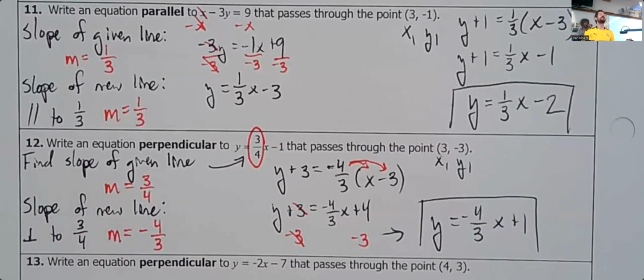No, you got to get y by itself. So Serenity, just like we did with number 11, you have to get y all by itself first.